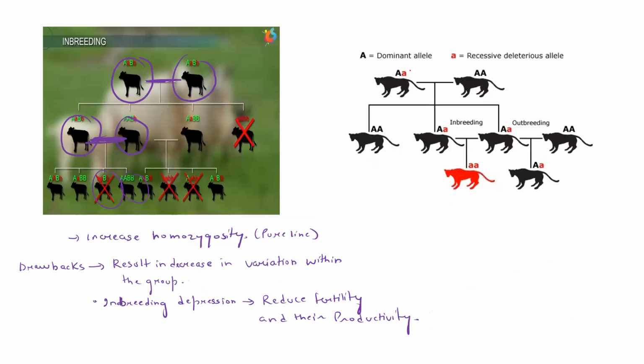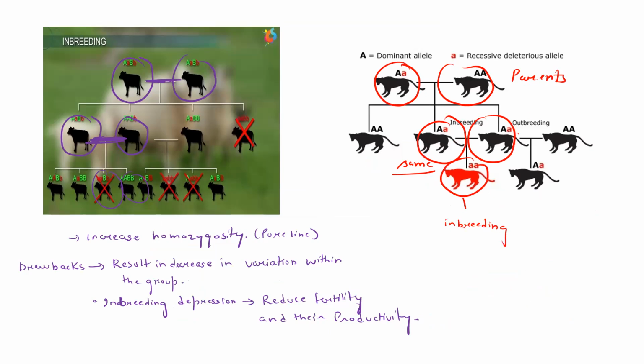So this is the example. These are parents. If the mating is between offspring having the same common ancestors, it will be inbreeding. But if the mating is between different breeds having no common ancestor, it is known as outbreeding.